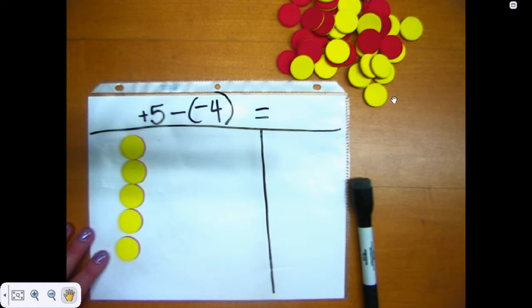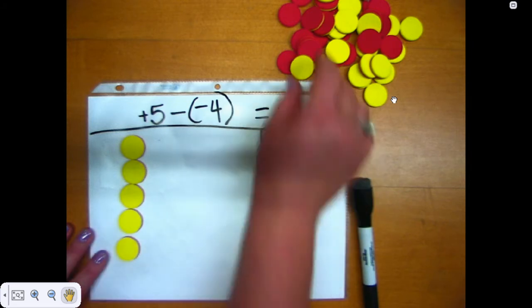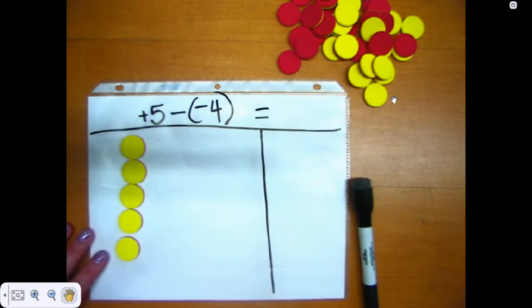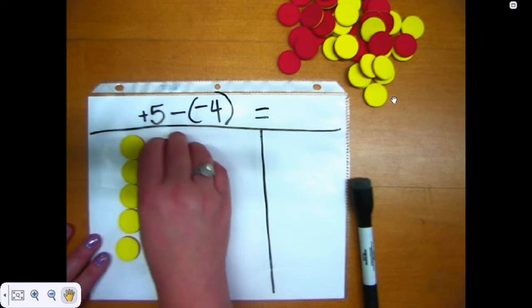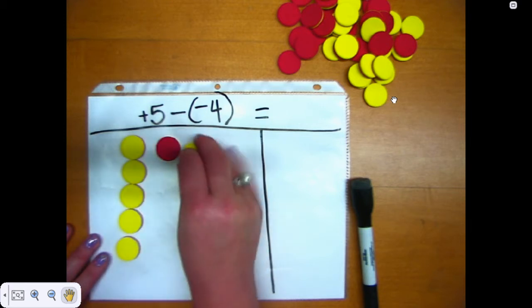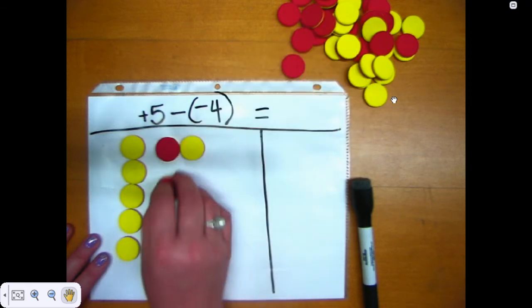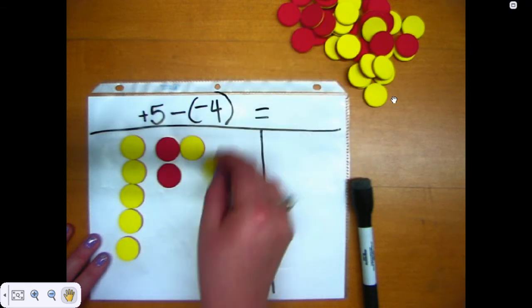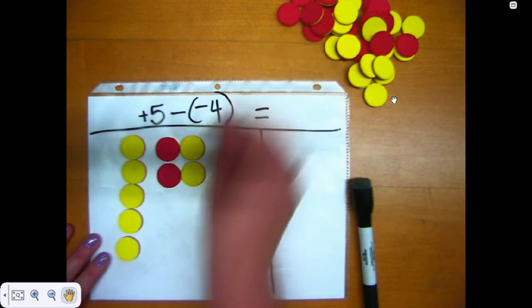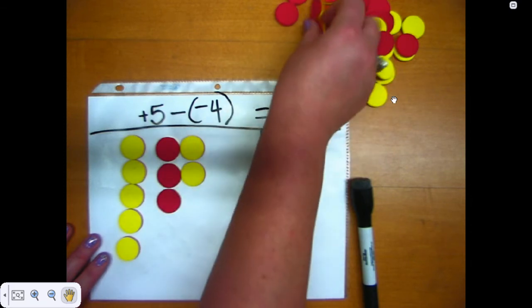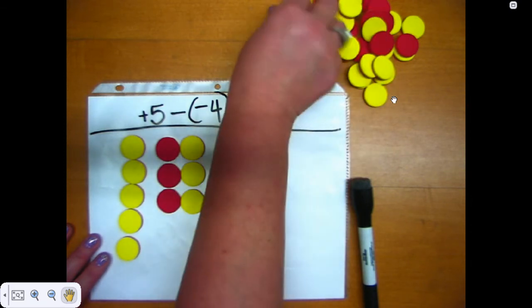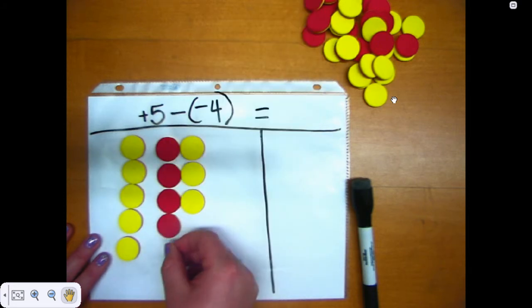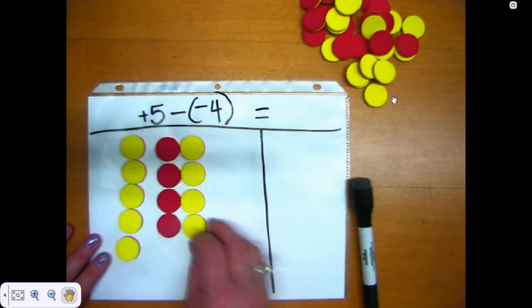I don't have negative 4, so I'm going to have to add those 0 pairs. Remember, 0 pairs are a positive and a negative that equals 0. So if I have negative 1, positive 1, negative 2, positive 2, negative 3, positive 3, and negative 4, positive 4.